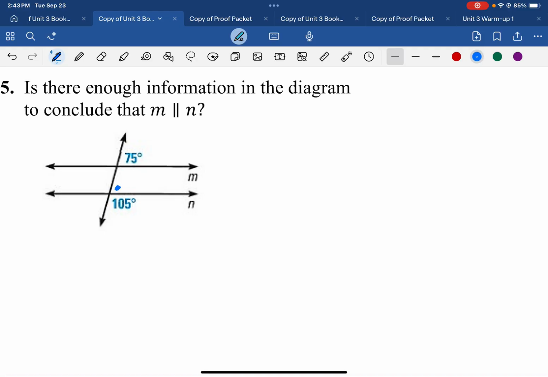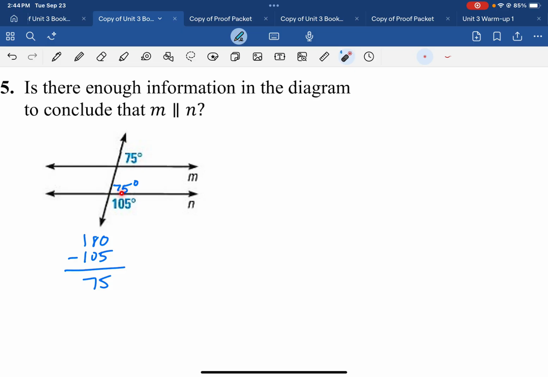I know that this angle right here makes a linear pair with 105. So those are supplementary. So I could figure out that this angle is 75, right? 180 minus 105. And if that angle's 75, what kind of angles are the two 75s? They're corresponding.